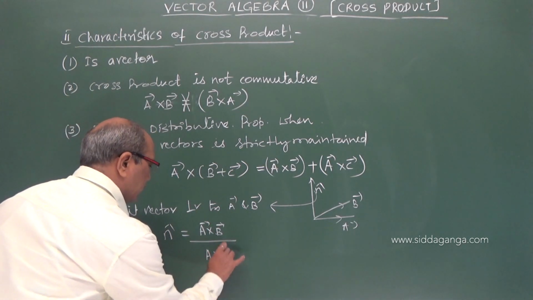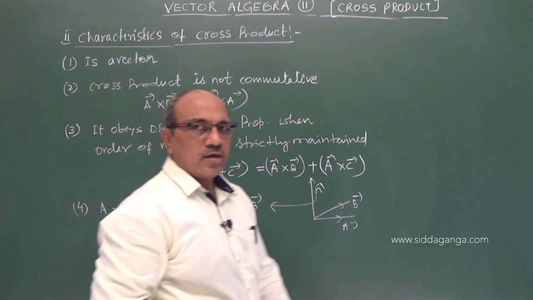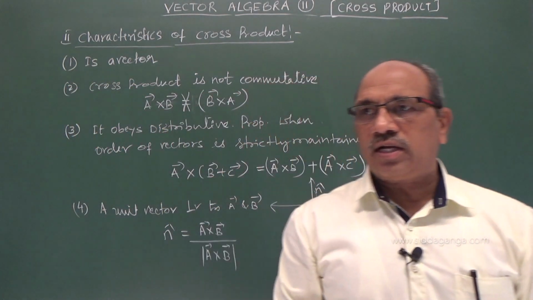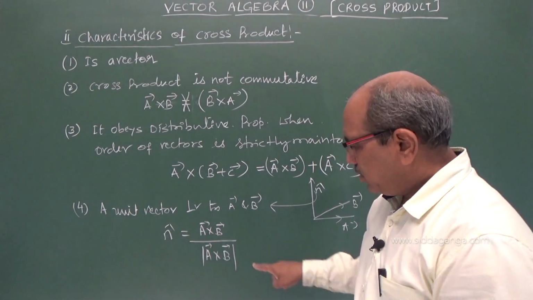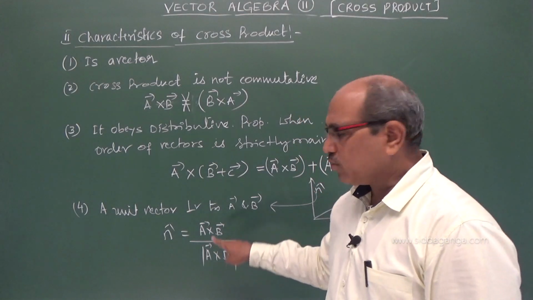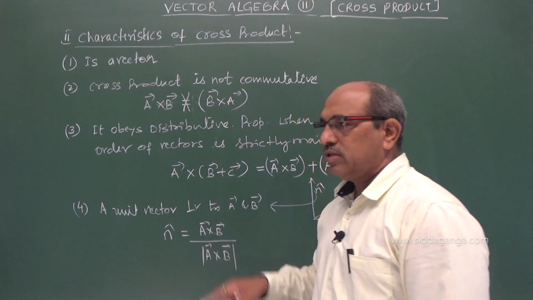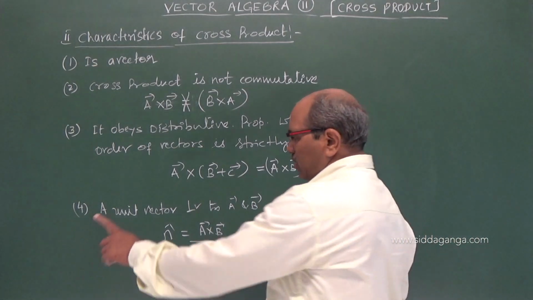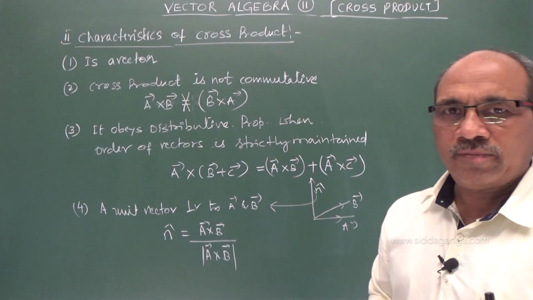If a question asks you, given two vectors, to find the unit vector acting perpendicular to A and B, then you have to find A cross B and also the magnitude of that. So you will get the answer as the unit vector perpendicular to A and B.